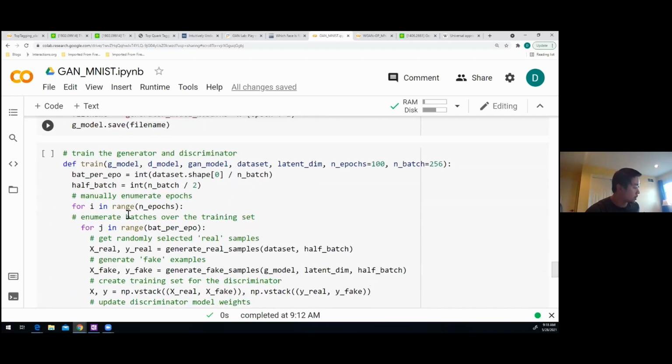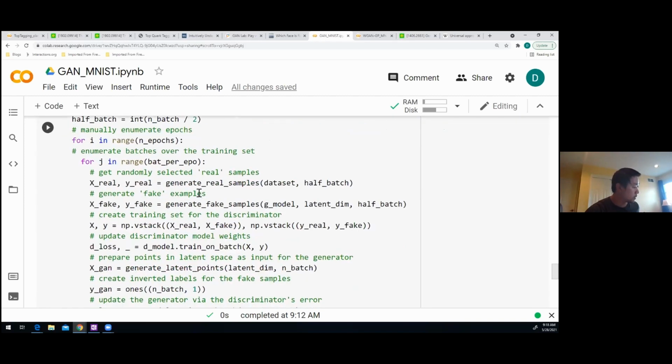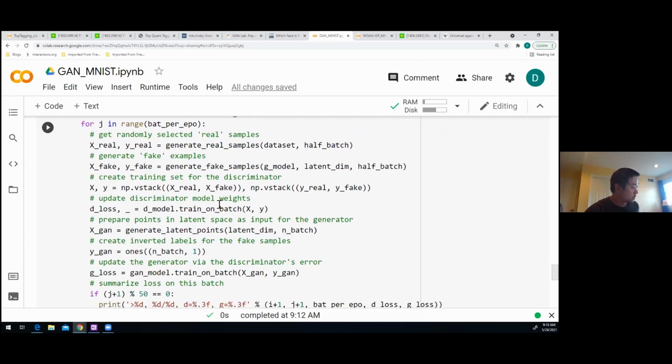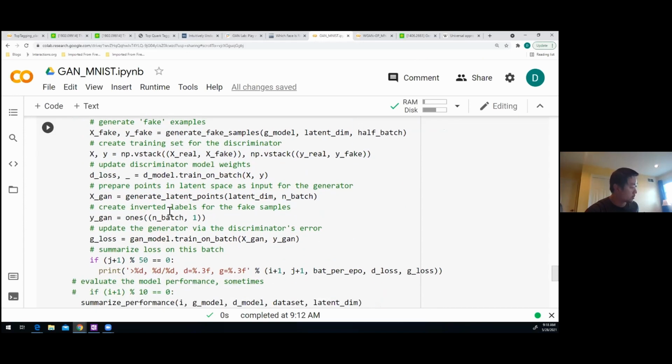Okay, so let me just skip to the, oh, this is the training. We generate some real samples and some fake samples. We update the discriminator model weights, and then we generate some fake images and then we update the generator's weights.